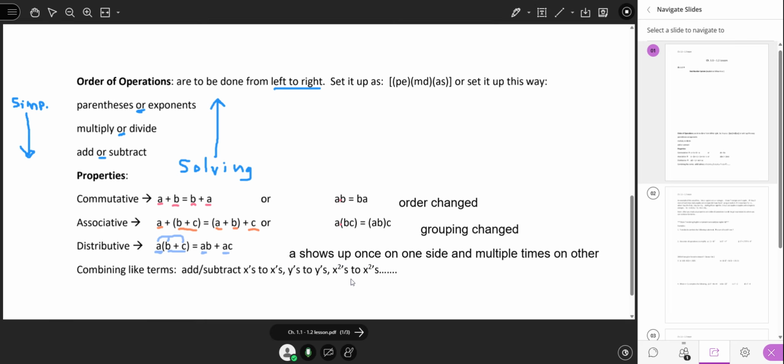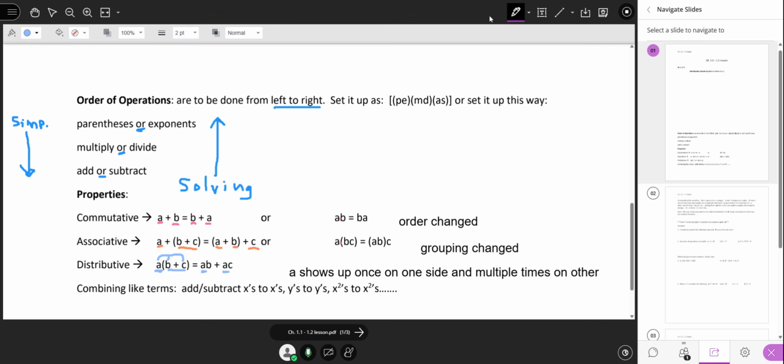So A shows up once on one side and multiple times on the other. Now, combining like terms. Add or subtract x's to x's, y's to y's, x squareds to x squareds. Notice x's and x squareds are not the same.